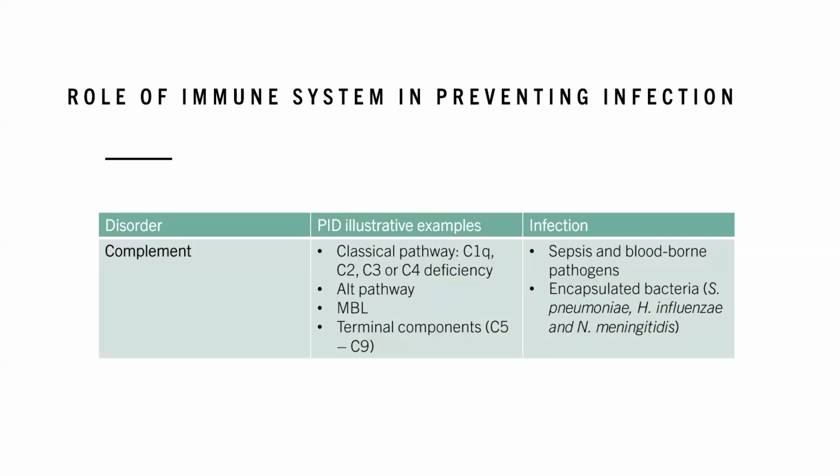Where there's complement deficiencies, there's lots of different complement deficiencies that involve different components of the complement pathway. And so generally this involves susceptibility to bloodborne pathogens, particularly encapsulated bacteria. So things like Strep pneumoniae, Haemophilus, and Neisseria meningitidis.